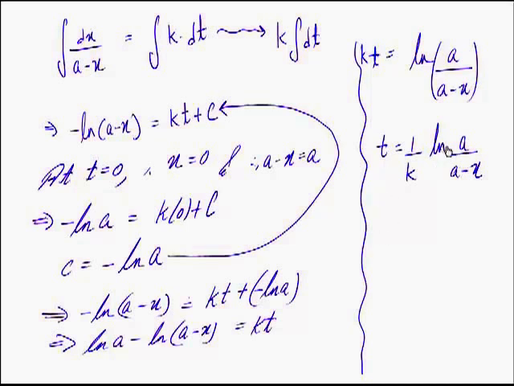And now if we need to express this in terms of log to the base 10, then we can always write this as t equal to 2.303 upon k log a upon a minus x. So this becomes our integrated rate law expression for a first order reaction.